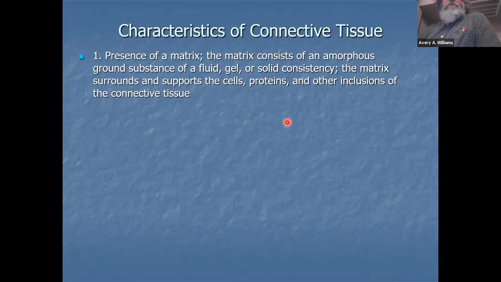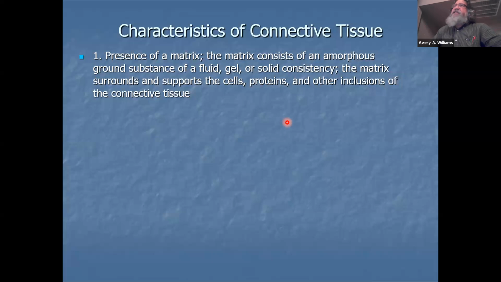First, number one, all connective tissue has a matrix, the presence of a matrix. So what's a matrix? A matrix consists of an amorphous ground substance of fluid, gel, or solid consistency. The matrix surrounds and supports the cells, proteins, and other inclusions of the connective tissue.